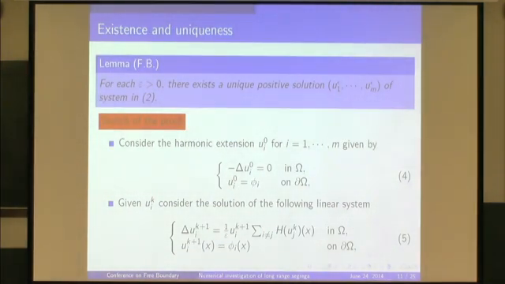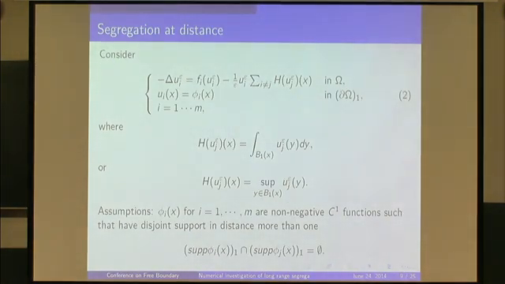The first fact that I want to state, since this method is constructive, I'd just like to mention it: for each positive epsilon, there exists a unique positive solution, which I denote as the m-tuple u1 through um, for system 2, for this system that I had.